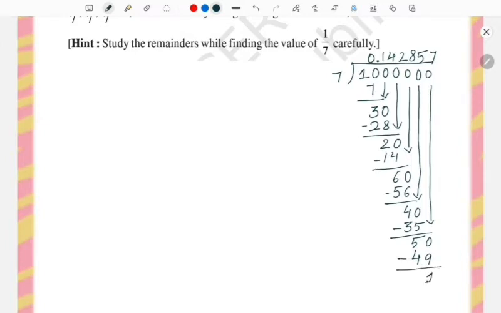The remainder again would be 1. Right? So after this it is going to start to repeat itself. Now, what were the remainders here? What were the remainders that I get? The first one was 3, then I got 2, then we got 6, 4, 5, and then 1 again. Right?